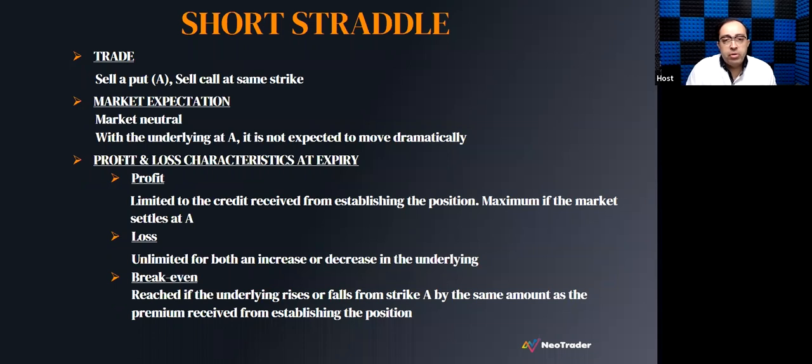So you are selling a put and selling a call at the same strike. Why? You know that by the end of the expiry, more or less the overall price action will be in that range. First you have to understand that there is not much of a move going to happen. If I am able to take this particular strike, the overall expiry will happen in and around this area.